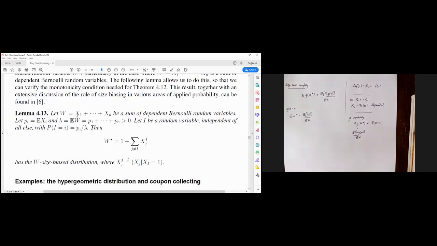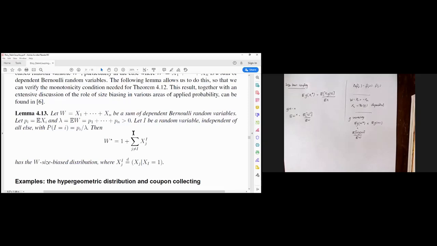It says if I want to size bias a sum of dependent Bernoulli random variables, I'm going to pick one of my Bernoullis, one of my x's, and size bias that. I'm going to replace all the rest of my Bernoulli random variables by what I would get conditional on the thing that I've size biased.